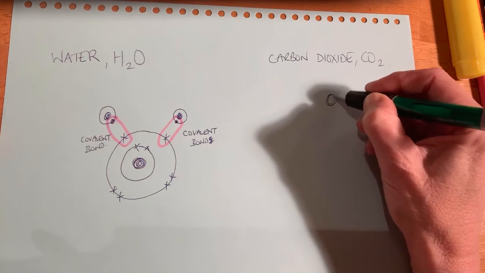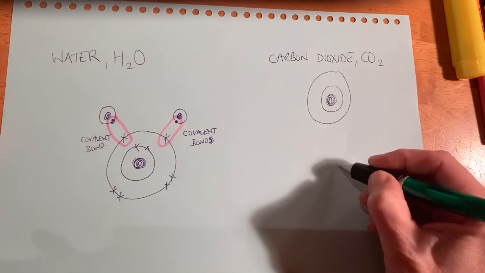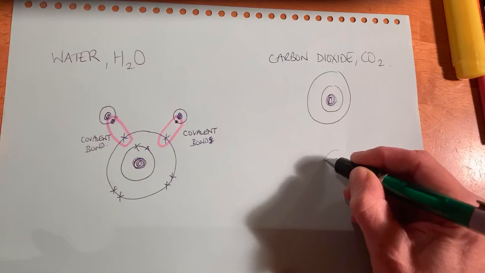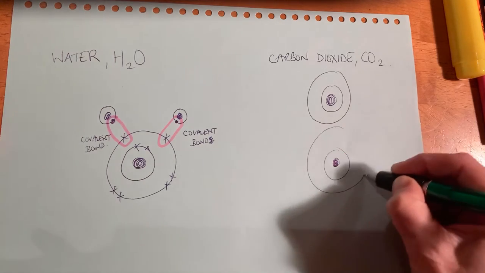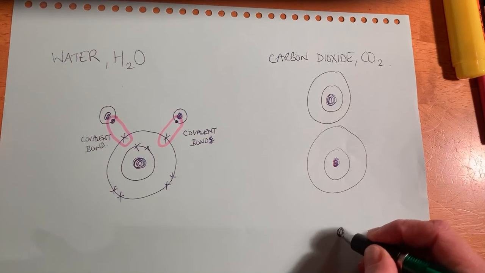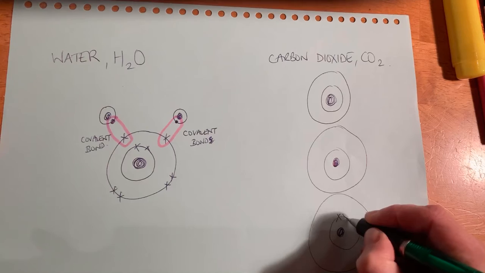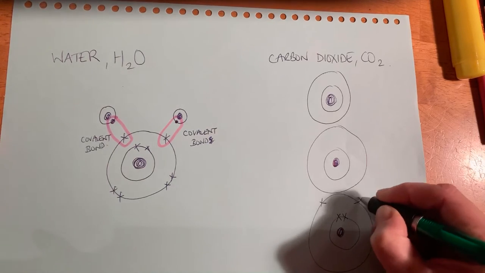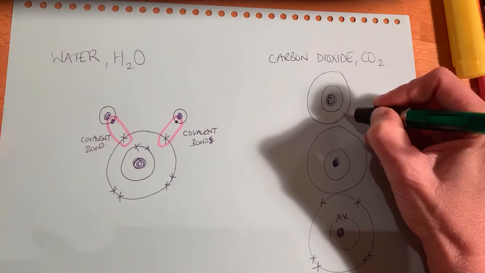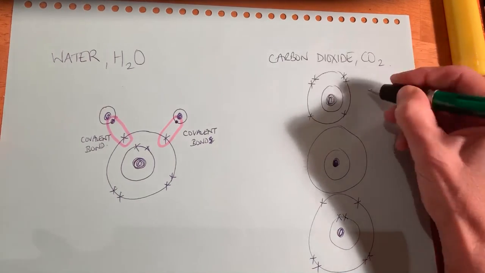So let's do our oxygen molecule here, and we've got carbon here, and then we've got another oxygen here. And so we've got 1, 2, 3, 4, 5, 6. 1, 2, 3, 4, 5, 6.